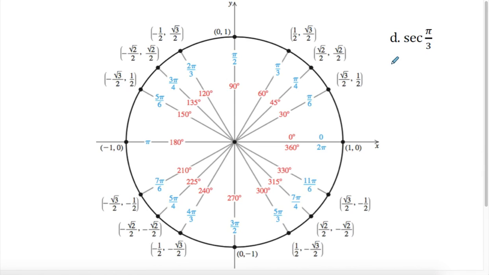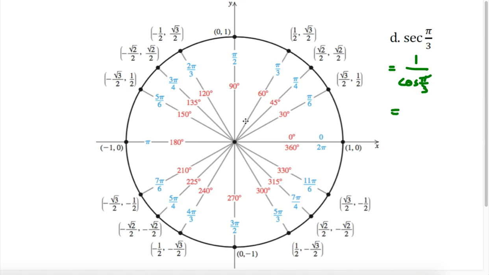In our next one, it asks for the secant of pi over 3. Secant, we know, is just the reciprocal of cosine. So I could say that this is equal to 1 over cosine of pi over 3. Another way of thinking about that is just on our unit circle, finding the cosine of pi over 3 and flipping it.